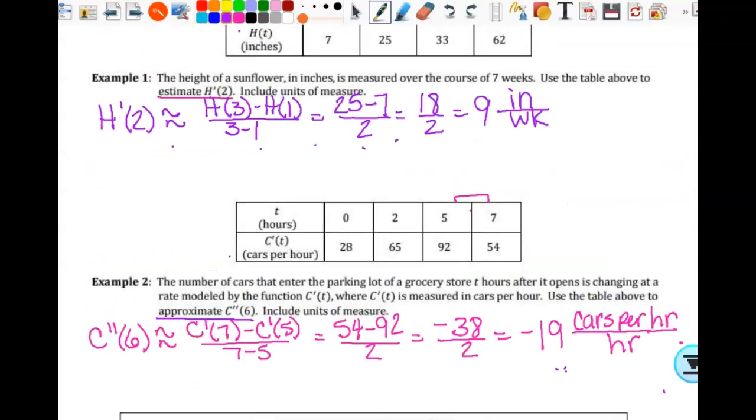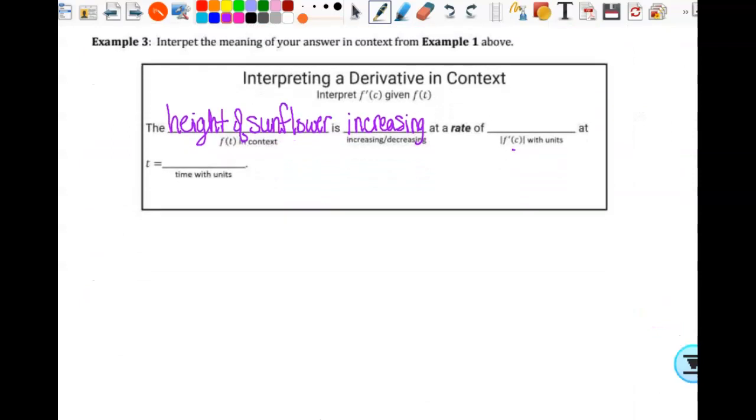All right, but that's not the one we're on. We're on this one. 9 inches per week at t equals what? What was it? 2 weeks. Now, because of this actual question, what's written out is actually missing something.